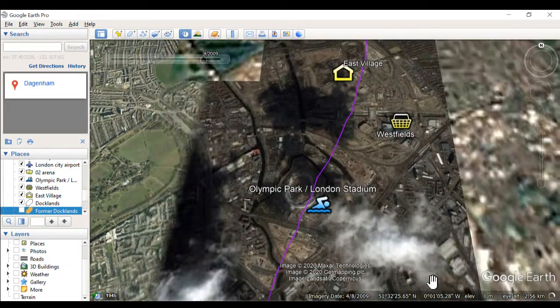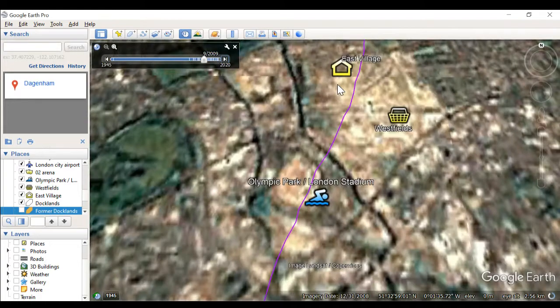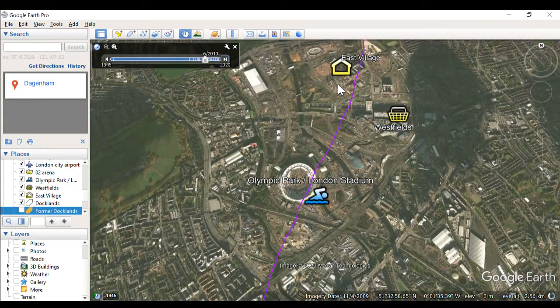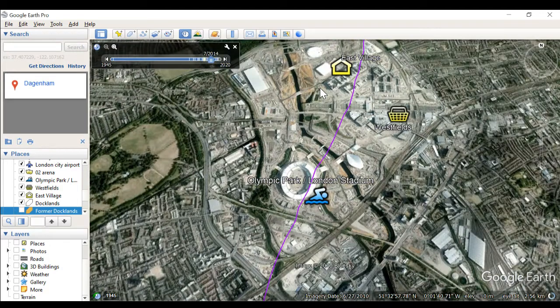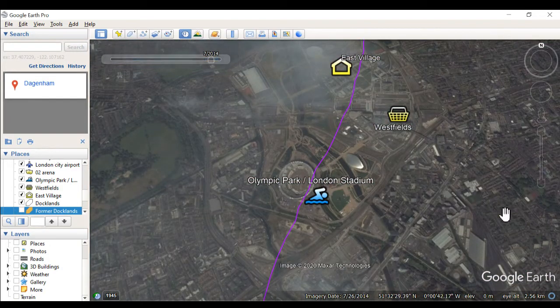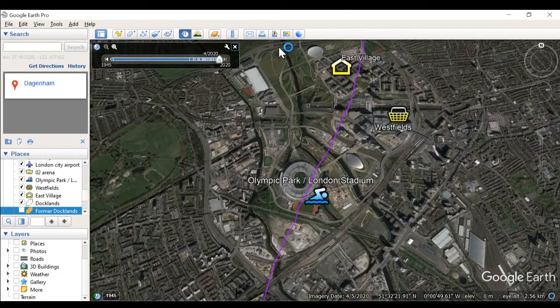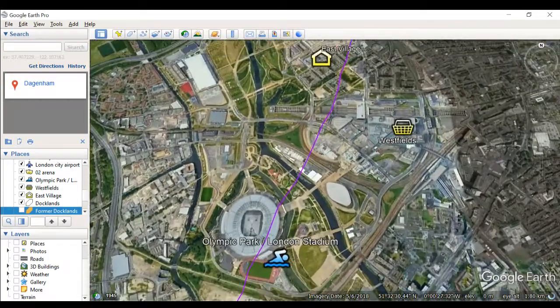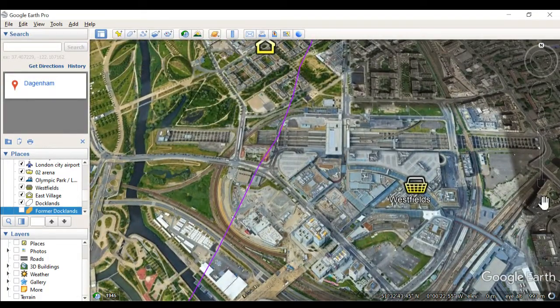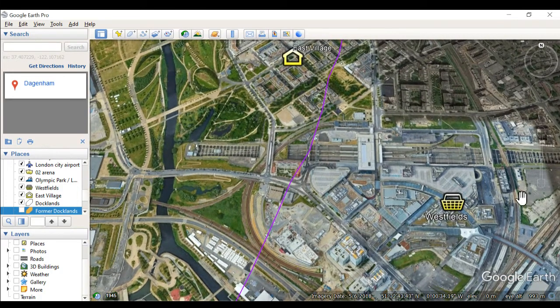We can see the start of construction of the London Stadium, the Olympic Stadium as it was known, right up until post-Olympics. You see there the aquatic centre, up to what we see today, with Westfield, almost $2 billion of private investment into the UK's largest shopping mall.